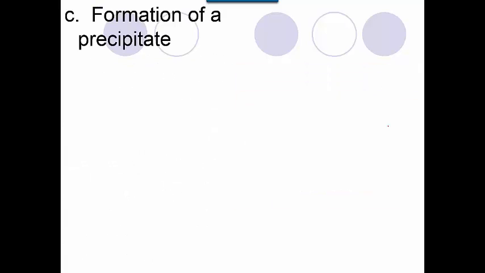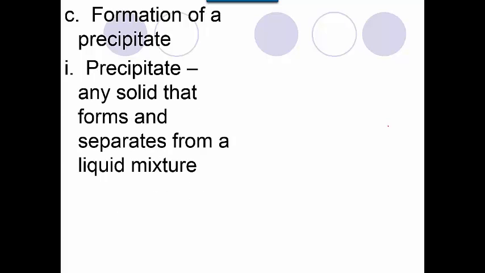And then this is a vocabulary word you need to be familiar with. It's called a precipitate. We're not talking about outside precipitation, snow and rain. A precipitate is a solid that forms when you add two liquid mixtures together. So this is really cool.